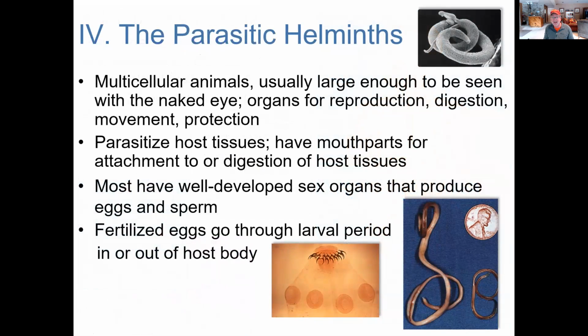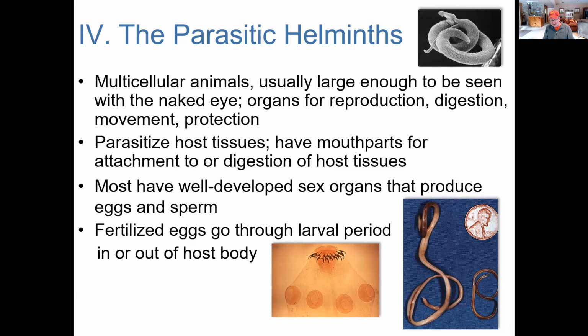Okay, and finally, as we begin to get toward the end of the chapter, our fourth group here, the parasitic helminths. These are actually multicellular worms. Some of these, in fact the majority of them, are large enough that you can see them with the naked eye.